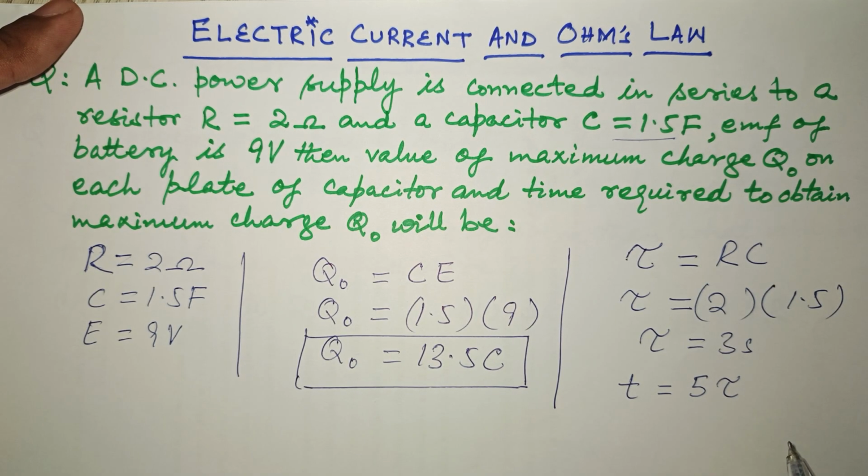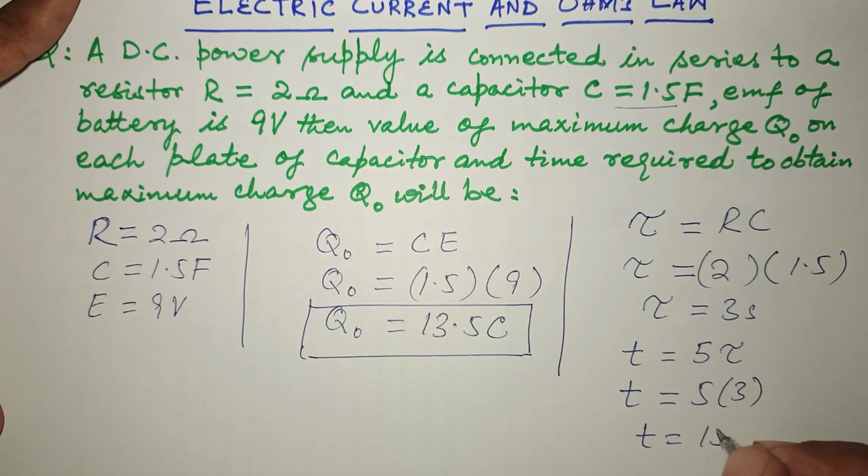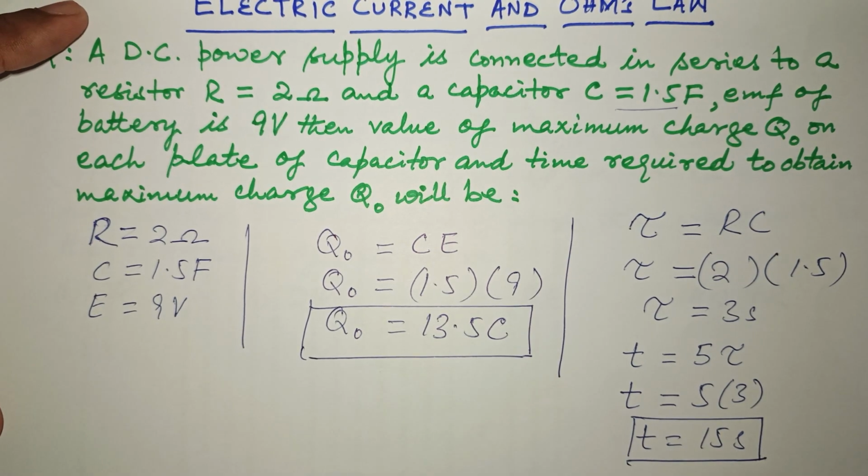In this time, more than 93% of the plates will be charged. So let's put the values: 5 into 3, so T is equal to 15 second. So our result is Q naught is 13.5 coulomb and time required for maximum charge is 15 second.